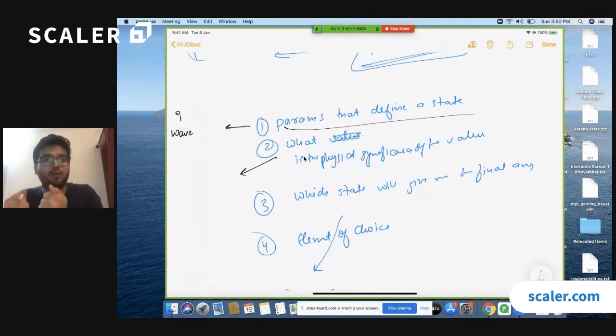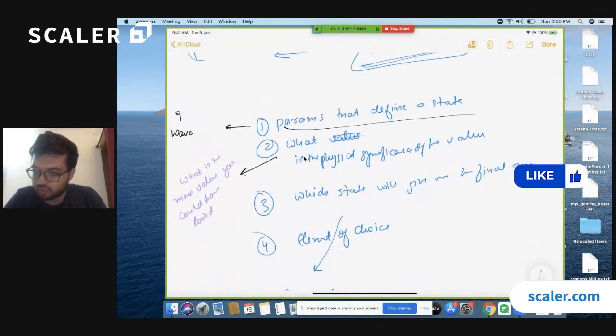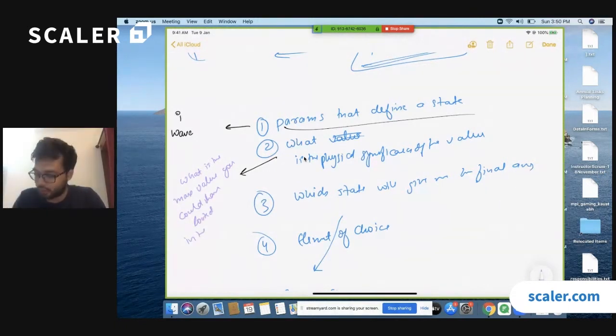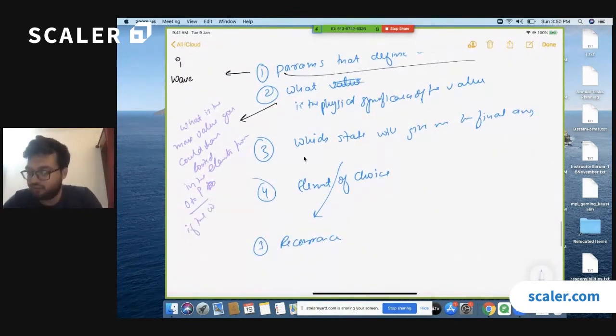The physical significance of that value would be: what is the maximum value you could have looted in the elements from 0 to I, if the weight that you consumed in the bag was equal to W maximum minus W available?